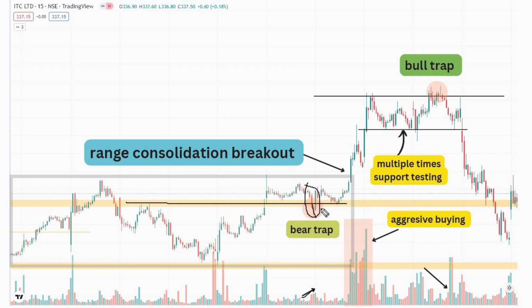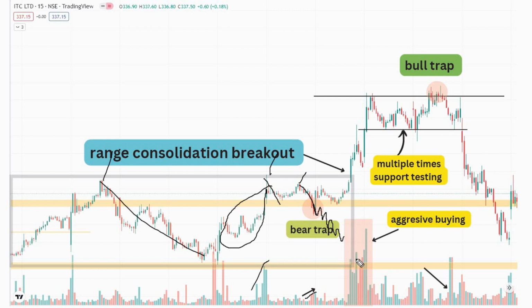Prices should have continued the downward momentum. Prices have rejected from here, from here, from here again. So if sellers were very much stronger, then this buying, what should have been the case? With increase in volume, prices next day should have continued the downward momentum.